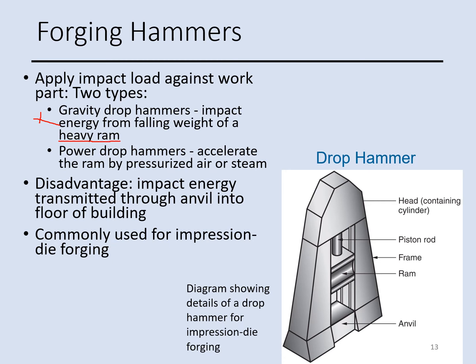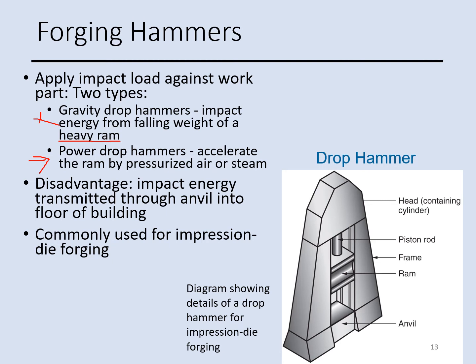That heavy ram falls a certain distance and generates that impact energy. The next one is a power drop hammer, where a ram is going to be accelerated by pressurized air or steam.